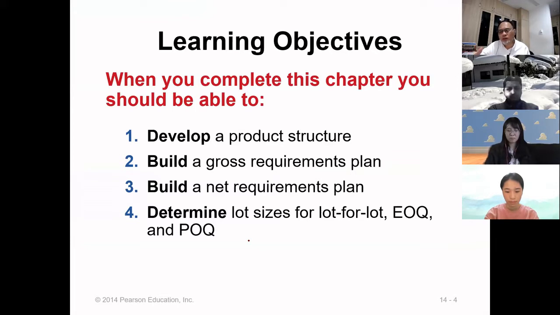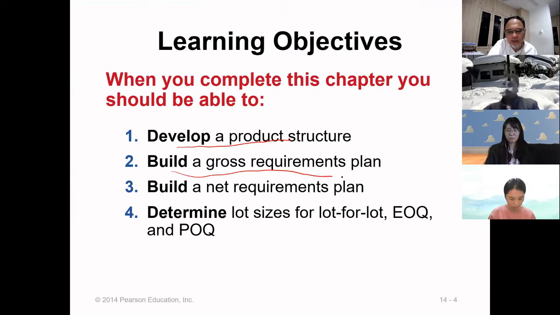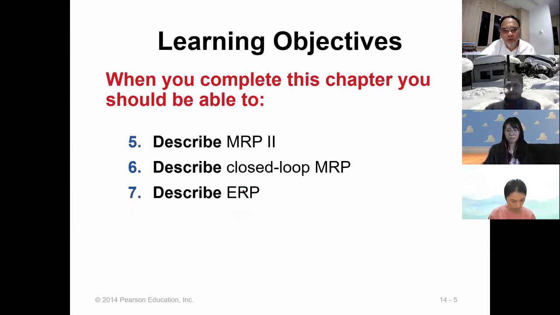Have you noticed how burgers are being produced? So there is a product structure for that, and we are going to develop a product structure. I will introduce to you the gross requirement plan. We'll build that up, and then we'll build a net requirements plan.